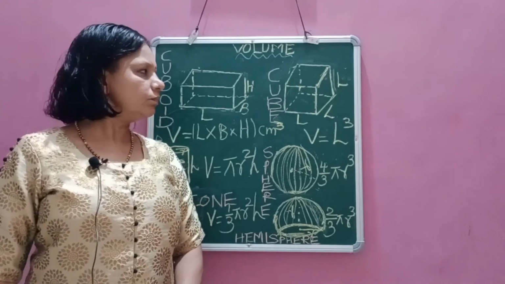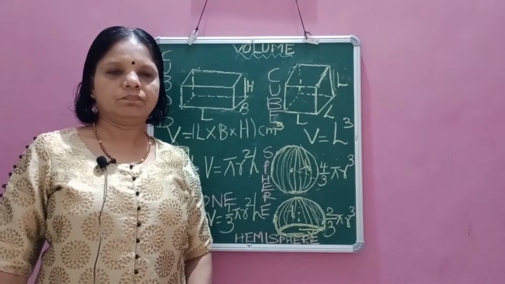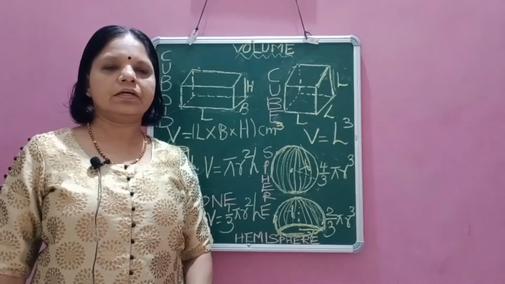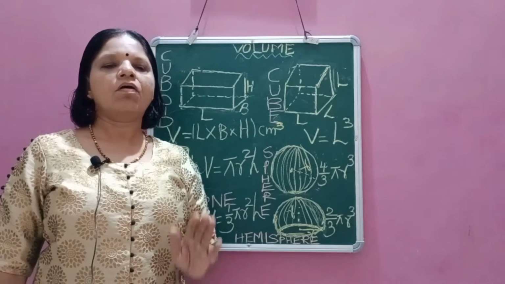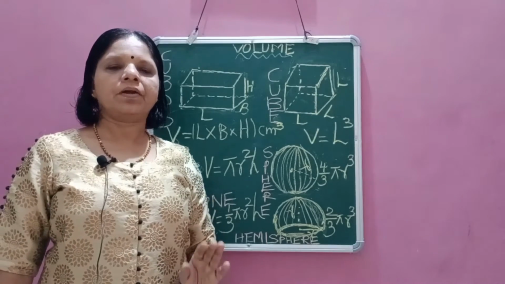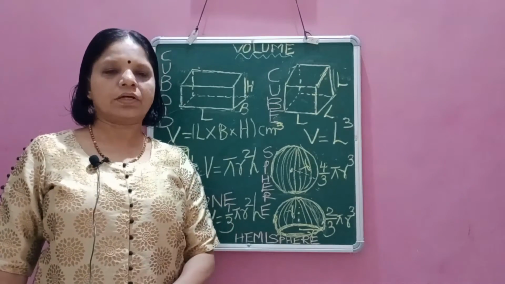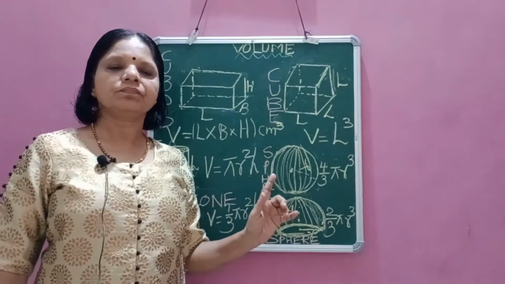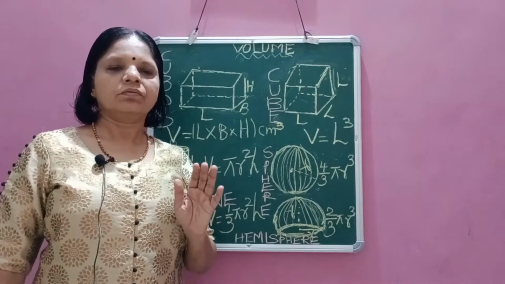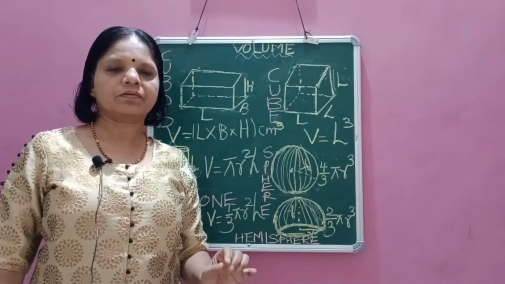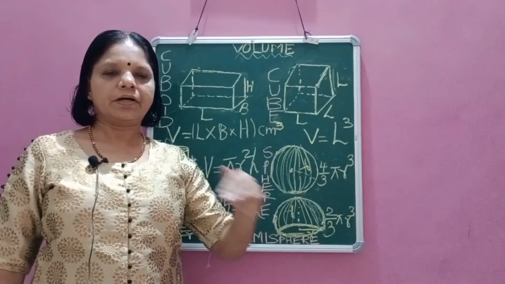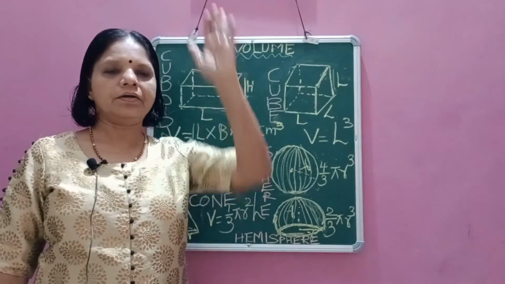So, we'll come to the unit of volume. You have studied that unit of area is square centimeter or square meter. The length is repeatedly multiplied 2 times. In the case of volume, by the concept of measure of space, it is lengthwise, breadthwise, and height-wise.